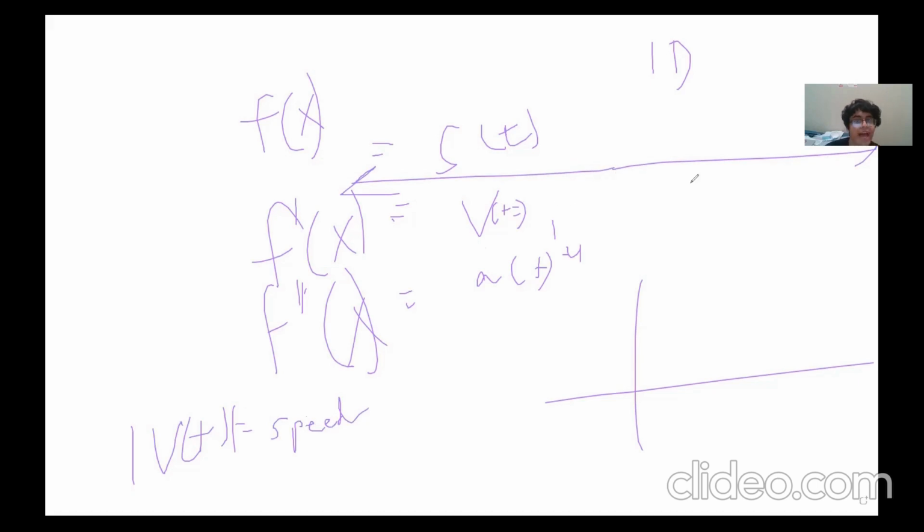If it's a vector, the magnitude of the velocity vector gives you the speed. That same idea will translate into higher dimensions if you say magnitude, but absolute value works for 1D. If it's 3 meters per second positive, or negative 3 meters per second, it's moving at the same speed, just in a different direction, right?